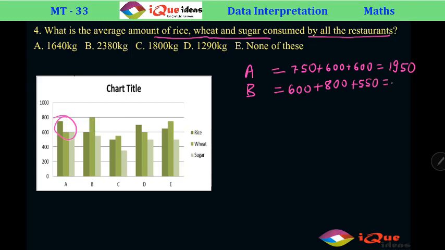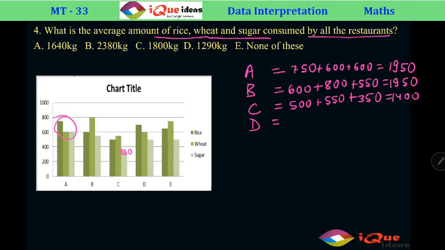This also is 1950. For C, it will be 500 plus 550 plus 350, right? This total will come out to be 1400.